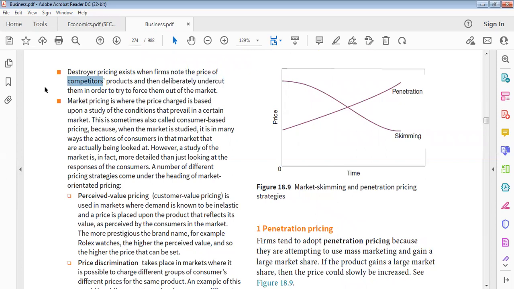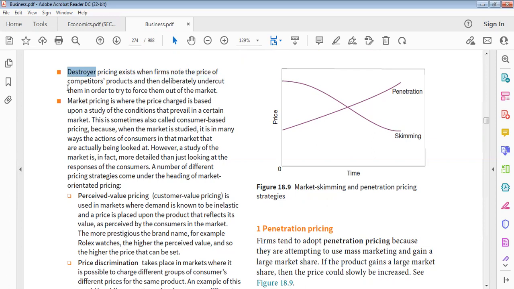It is very surprising, right? Everyone is shocked, because you are selling at a price even lower than the cost. It is a loss for you, but still you are selling it. Why? Because you want to destroy the competitor. You want to force them out of the market because no one can sell at $5.